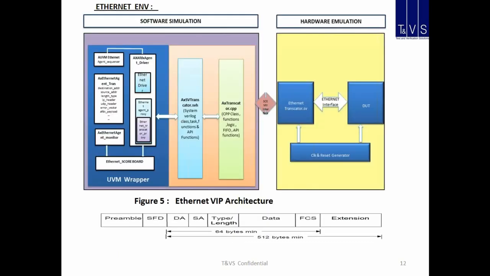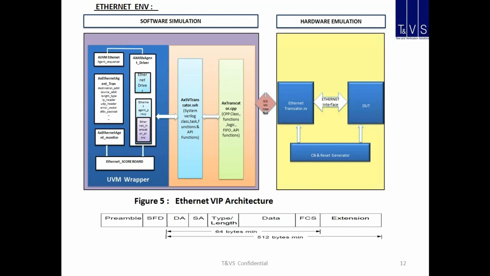So this is how the actual environment looks like. This is the software simulation part, and this is the hardware emulation. Here you can see the SCE-MI interface, which has the hardware side and the software side. The hardware side is the transactor.sv file, which is synthesizable, which is placed on the emulation.